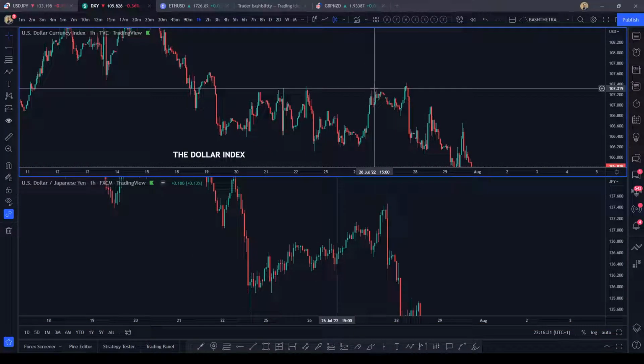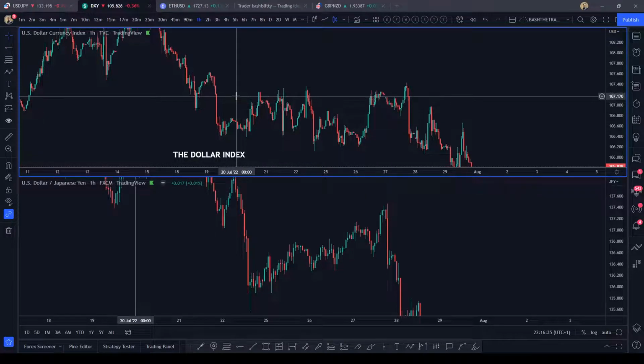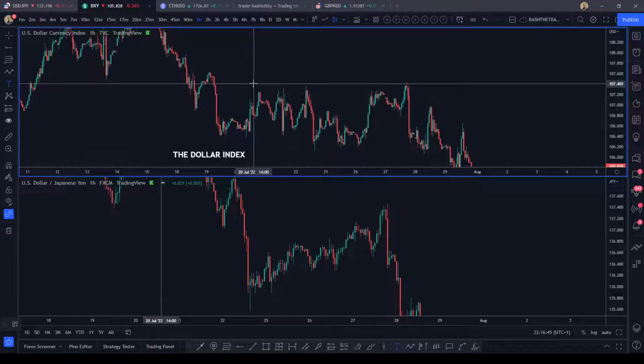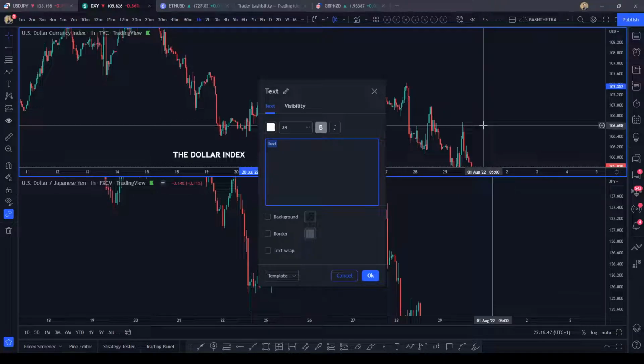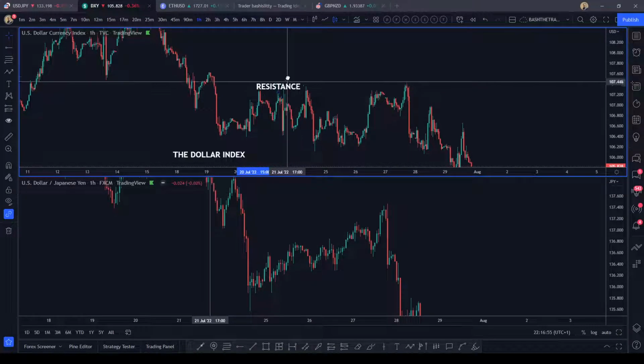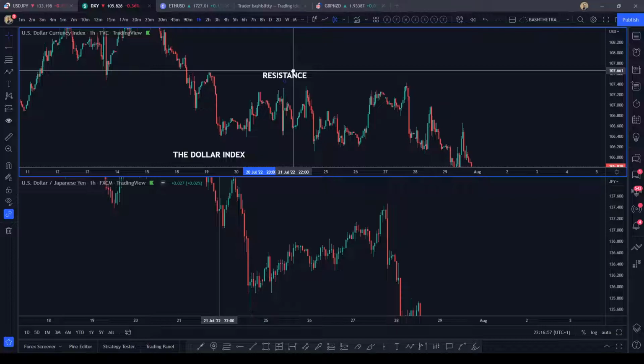But what I noticed on the dollar was that there was a lot of resistance, right? If you look at this area here, let me use the text tool. You can see here we have resistance. In fact, let me not say one resistance, but overall resistance.